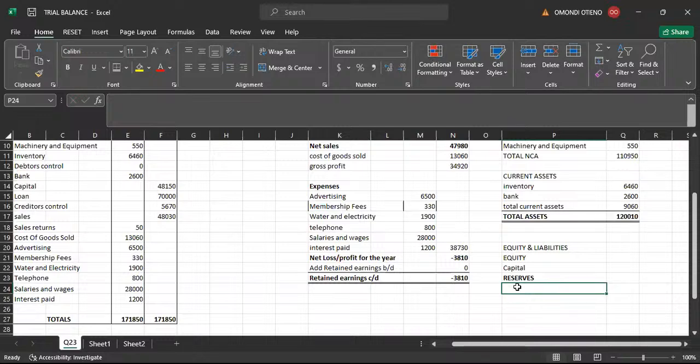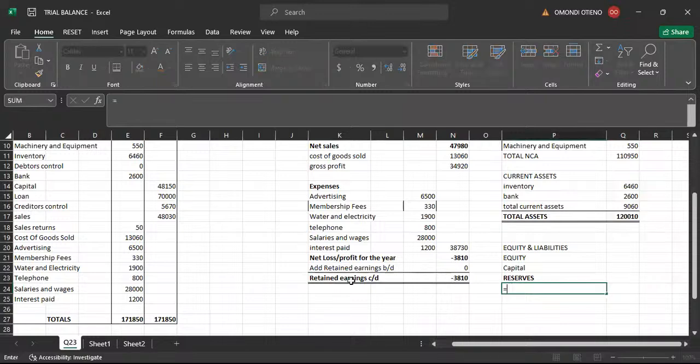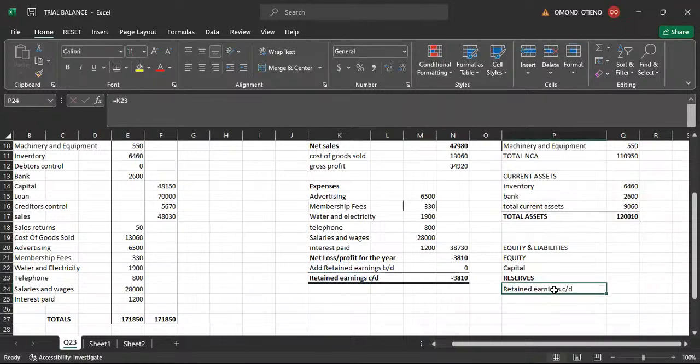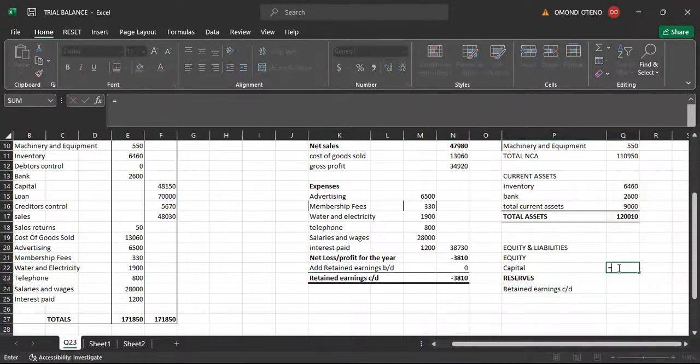That's where we have share premium, which is not here. So if that's not there, we also have retained earnings or revenue reserve, which is what we now extract from this point. This is what we bring to this particular place. It is the reserve that we are talking about.